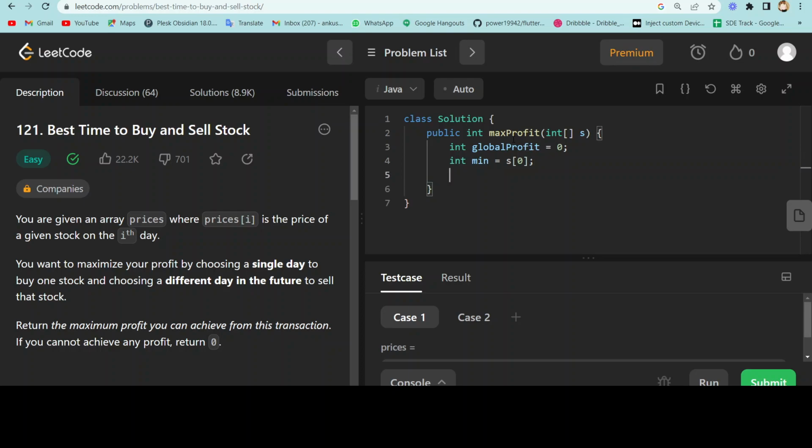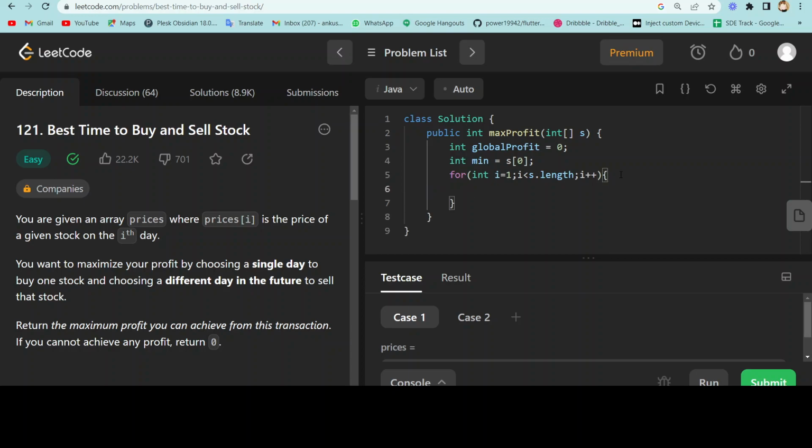For int i equals 0, i is less than s dot length, i plus plus. Not 0, because we have already traversed 0 and we should go from 1, right?